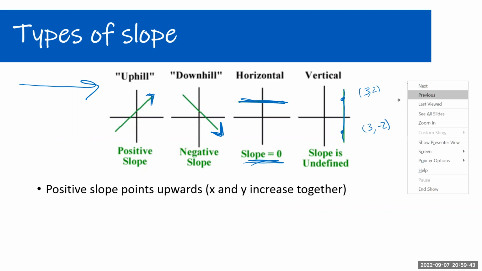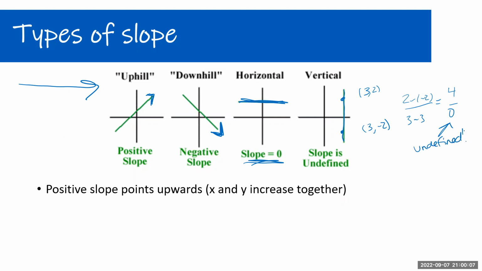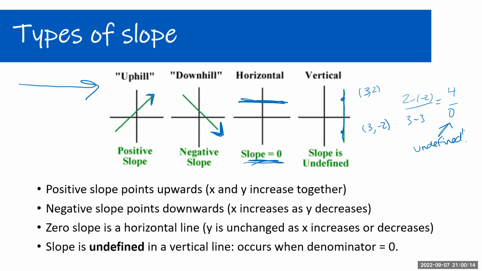If we think about this, we have 2 minus -2 divided by 3 minus 3. So sure, 4 is our vertical difference, but at the bottom we have 0. Remember, we can't divide by 0. We get an undefined fraction, okay? That's the reasoning behind why vertical lines have undefined slope. Again, the denominator is 0.